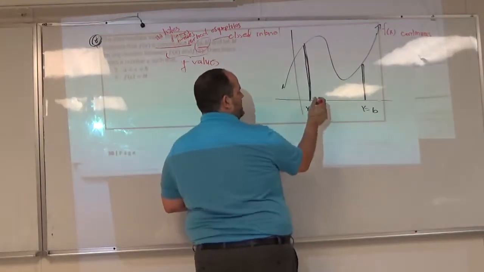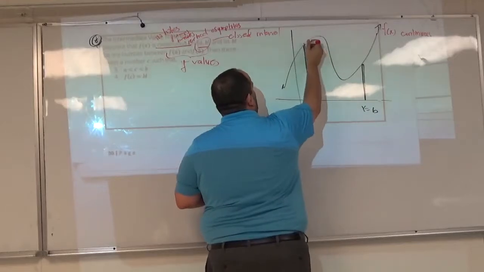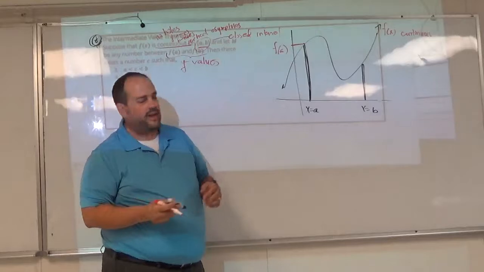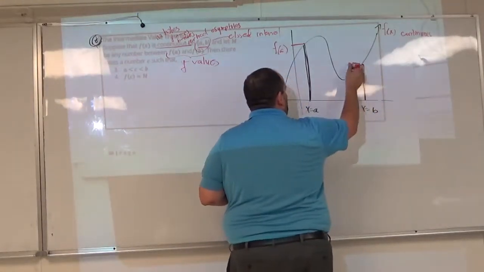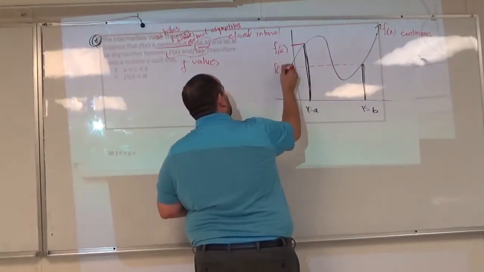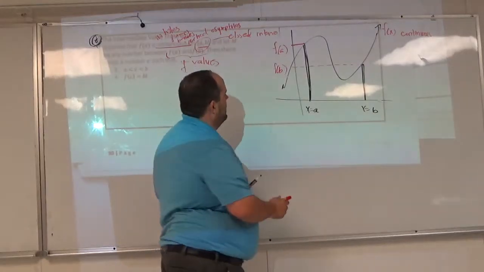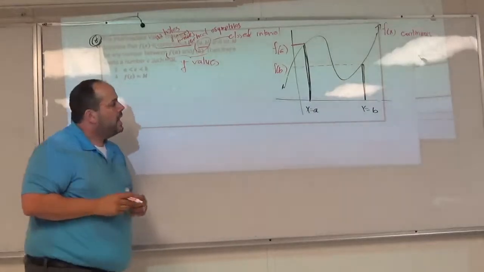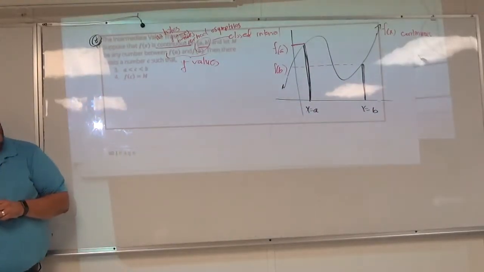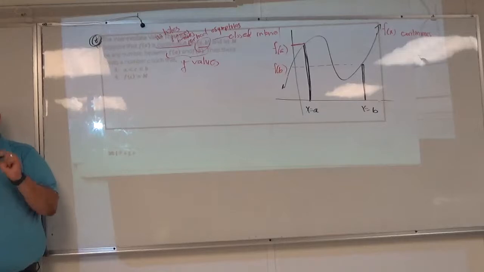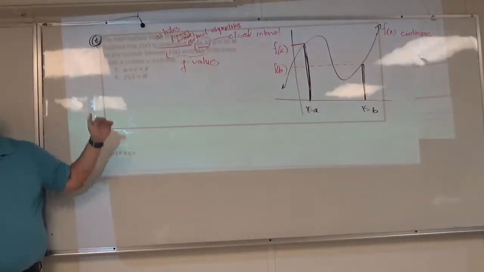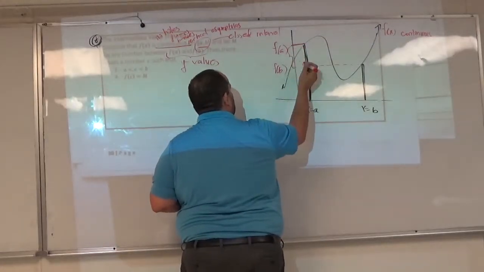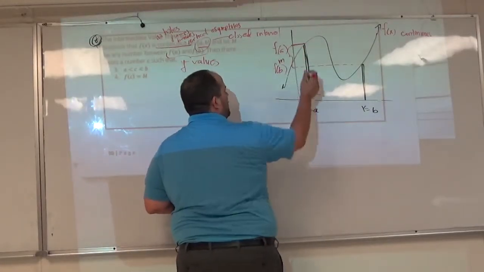You find them by going from x equals A up to the curve and over, here's f of A, and here's f of B. What's so special about M is that M is in between f of A and f of B. Anywhere in here is where M lives. So maybe here's M.